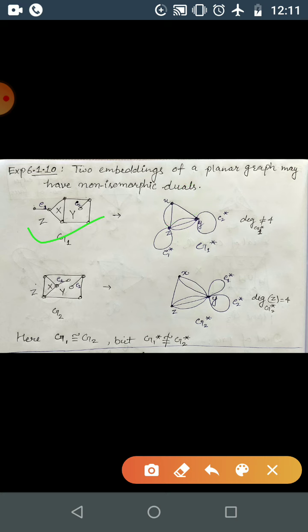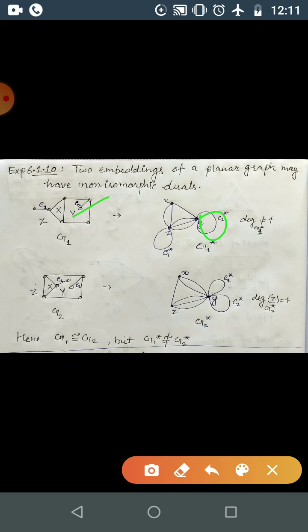And there is one cut edge, this one E2, so this will be E2 star on Y, correct? E2 is on the boundary of Y, so that will become the cut edge.